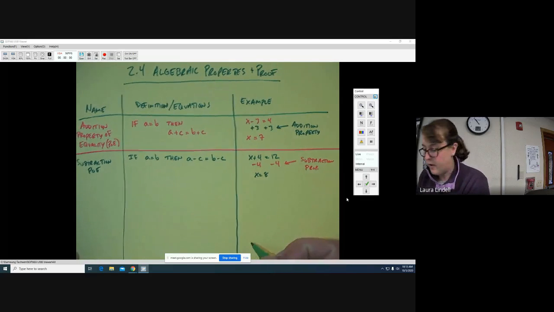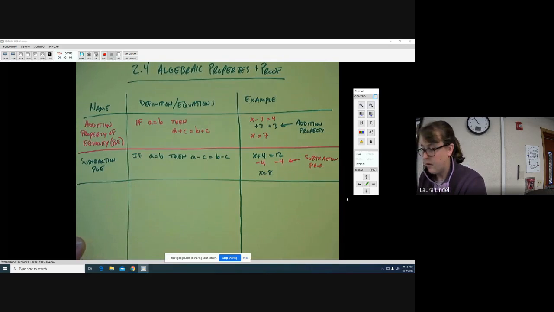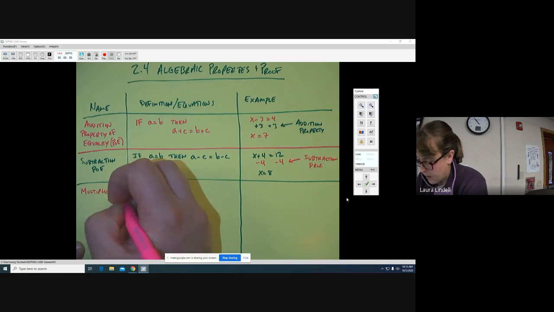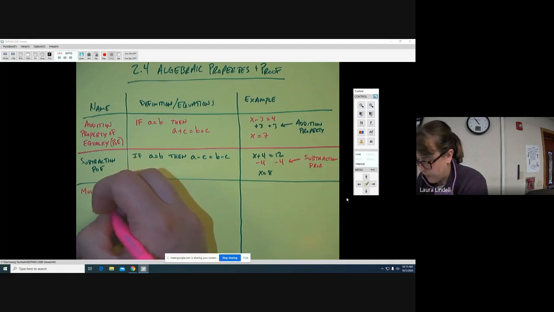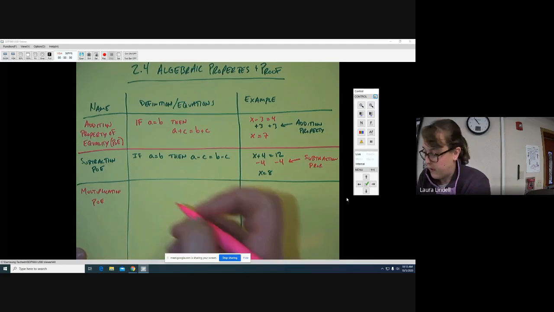All right, so we have addition, we have subtraction. We're also going to have multiplication and division. And it starts off very similarly.